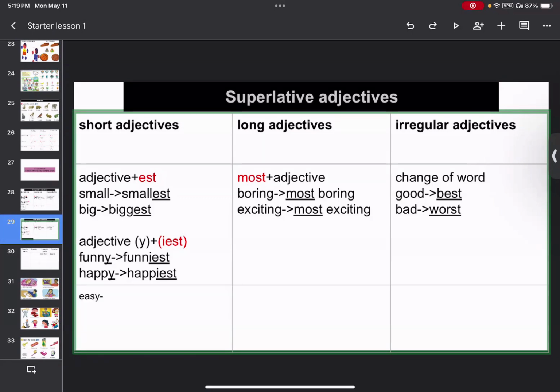Easy becomes easiest. Then hungry, hungriest. Fast, fastest.